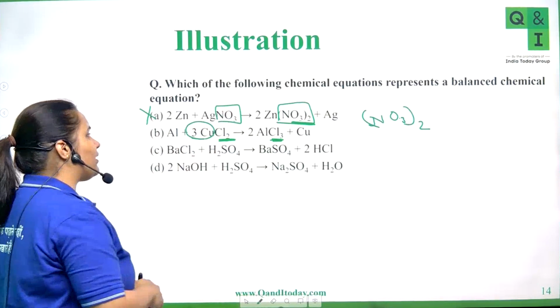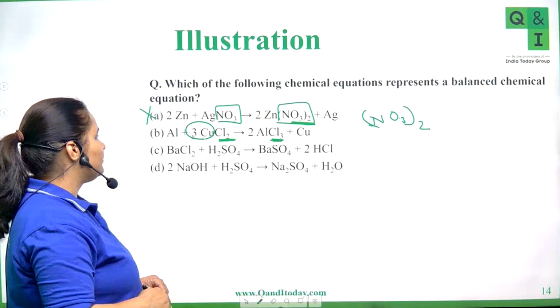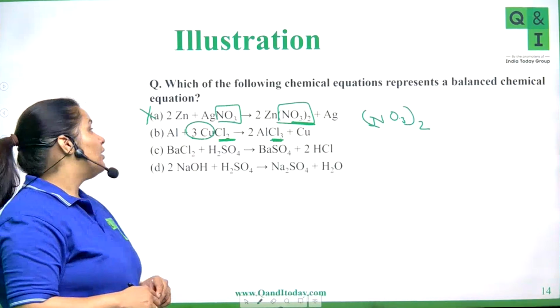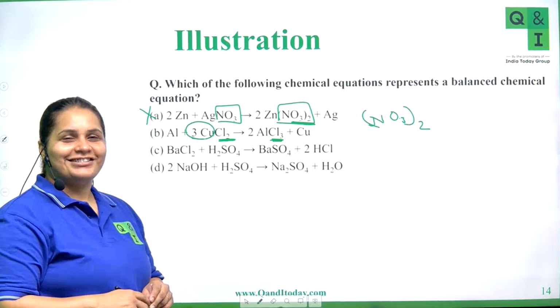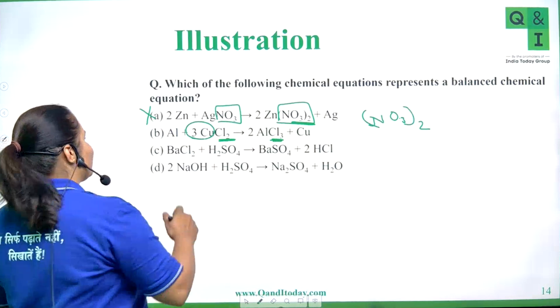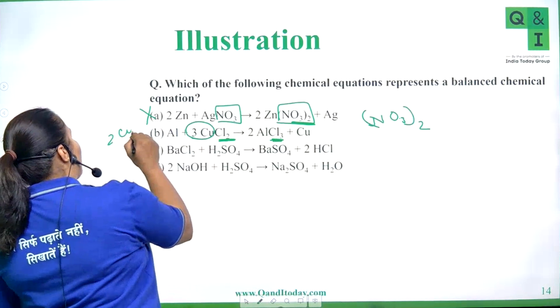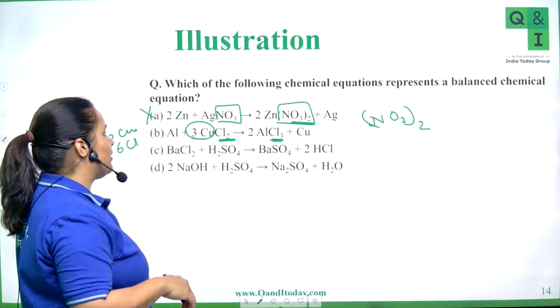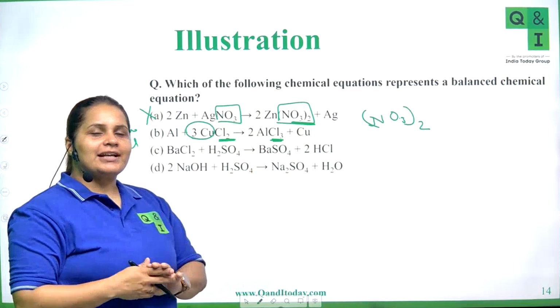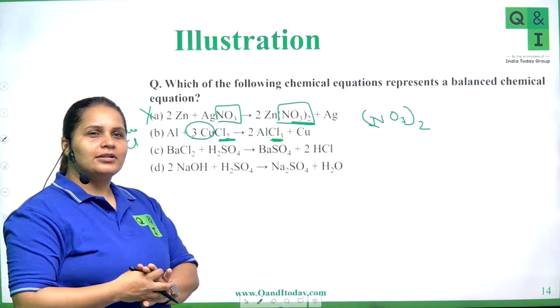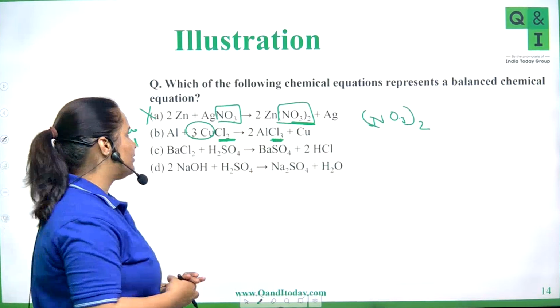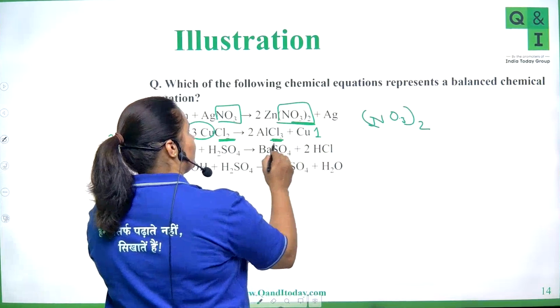And how many chlorine atoms? 1, oh sorry, 6. So, 2 copper atoms and 6 chlorine atoms. Okay. On the right hand side? Copper atoms is 1, ma'am. And chlorine atoms are 6.